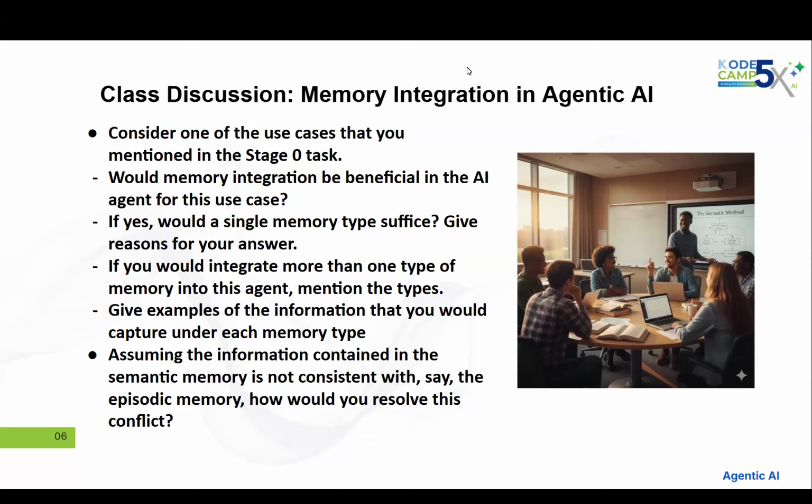If the agent persists that information, it enables its subsequent interactions with the user to provide responses better suited to what the user wants. Now, I'll leave you to figure out whether such information, that the user prefers concise answers, should be stored in semantic memory, episodic memory, or procedural memory.